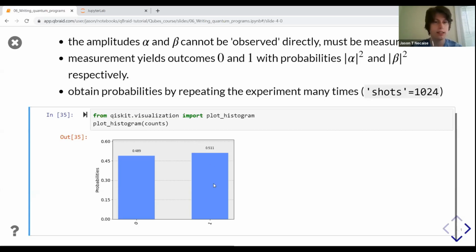This is definitely not going to tell you, for a small number of shots of the execution of the circuit, that the amplitude squared was exactly 0.511. Then you have to think about statistics concepts like noise and standard deviation and all that, but we won't get into that.